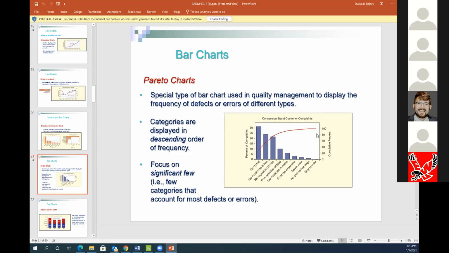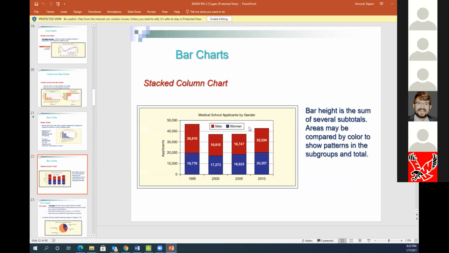Means 80% of problems or 80% of performance can be improved if you fix 20% of issues. So for example, here in this chart, you can do food cold and too much time in line. If you reduce these, your 80% performance can be increased. So 80% performance depends on 20% of reasons. So if you fix these 20% of reasons, 80% performance can be increased.